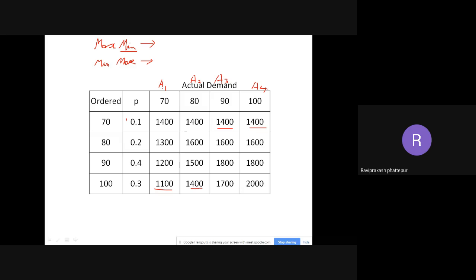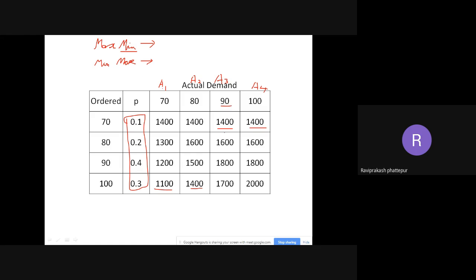In this case, the probability is different. Multiply the number with that probability. If you're getting 1100, multiply it with 0.3 and write the value. That is the smallest one. So here, what is the smallest value? Here it is 1400. Multiply this 1400 with 0.1 and 0.3, and whichever is lowest, write that value.